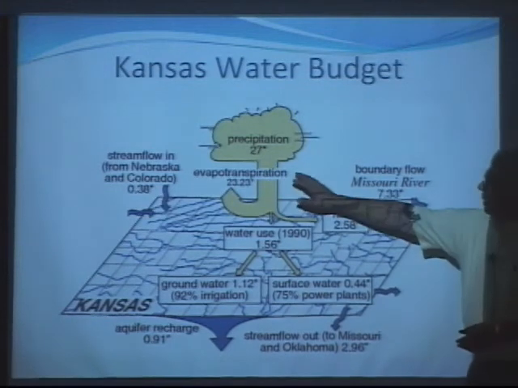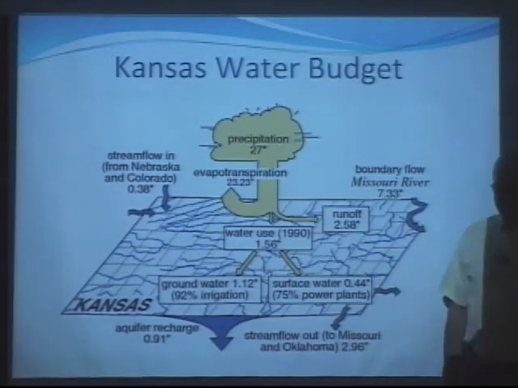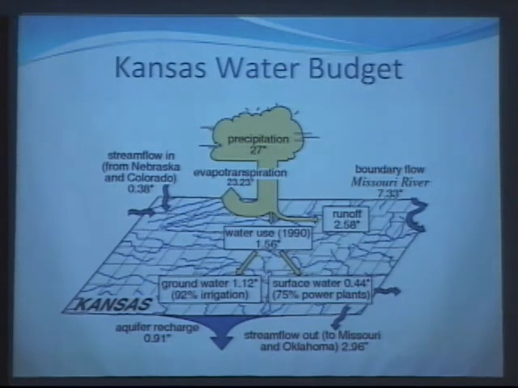Of this 27, about 23¼ inches is evaporated or transpired through plants. So this is the water that's evaporated from ponds and reservoir surfaces, or the water that goes through growing plants. So far and away, the biggest use of water is just keeping growing things alive.